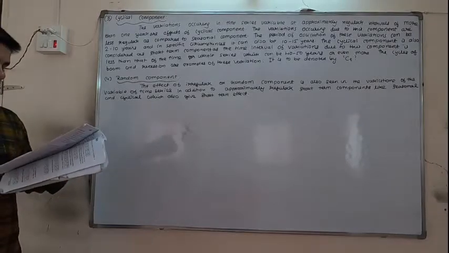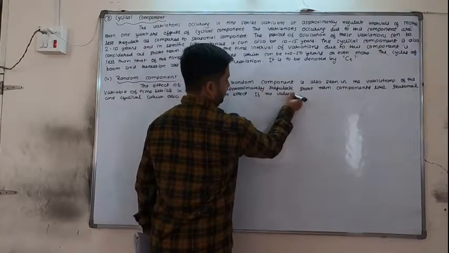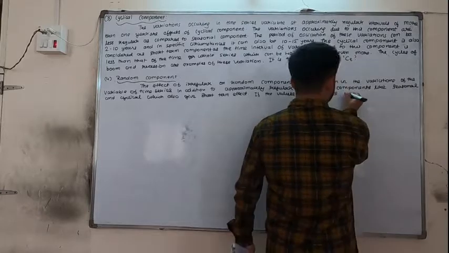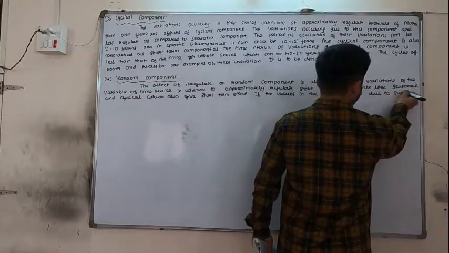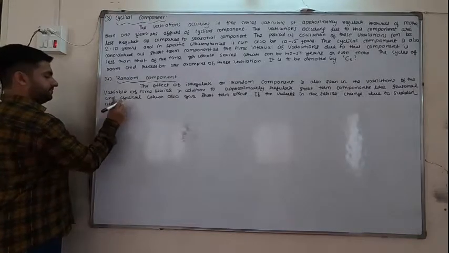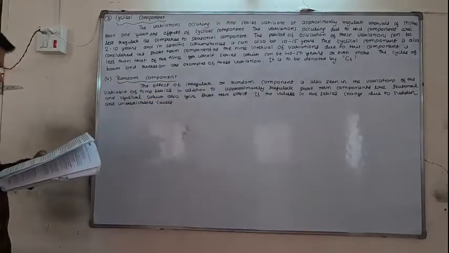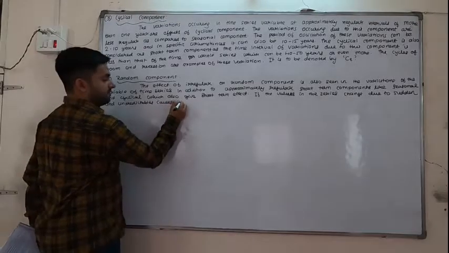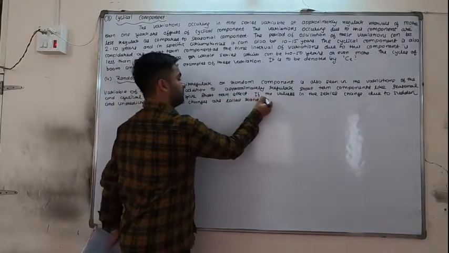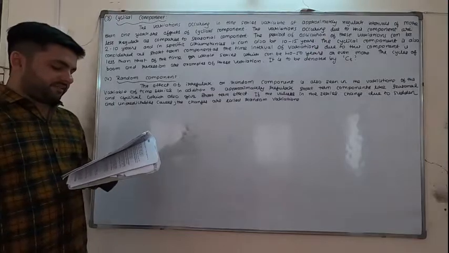If the values in the series change due to sudden and unpredictable causes, the changes are called random variations.